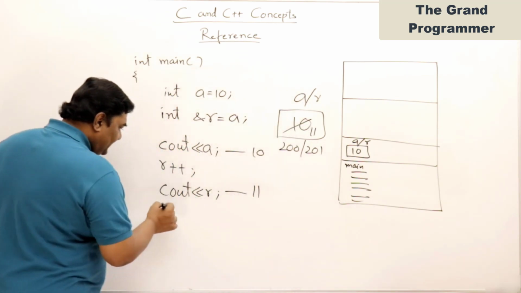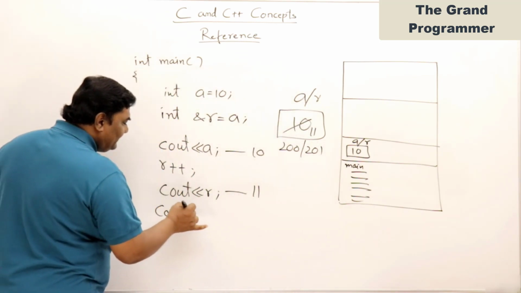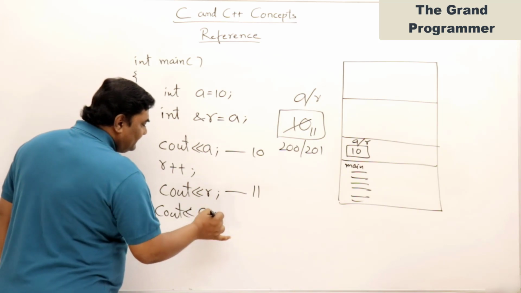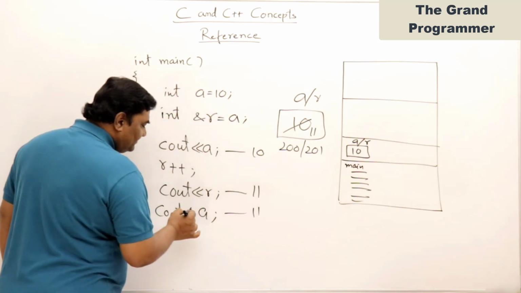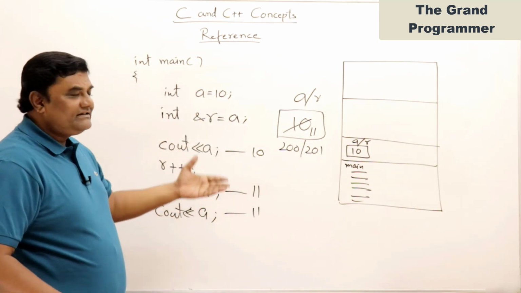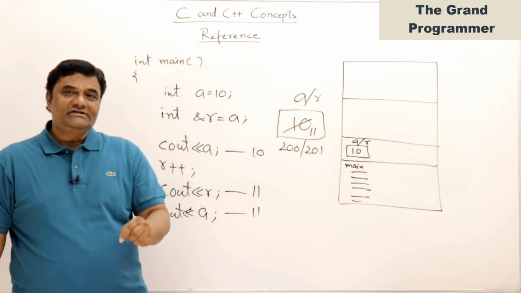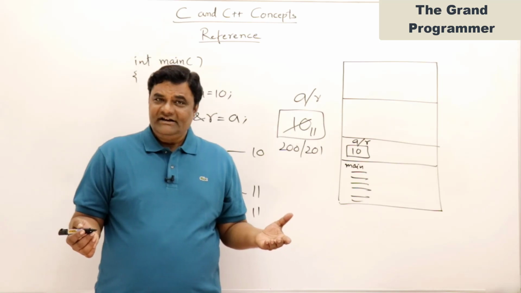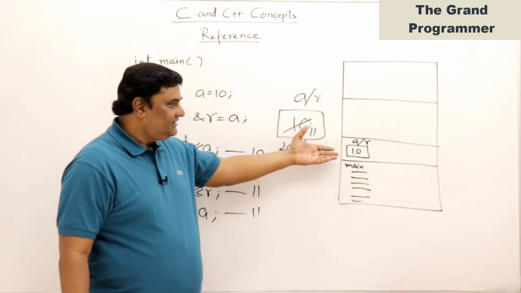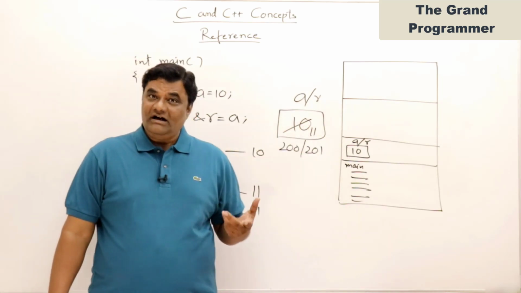So the same value. If I again say cout A, then I'll get the same value 11. So a reference is nothing but another name for a variable. Now the question is, why do you need another name for the same variable? When you already have the name A, why do you want another name R?